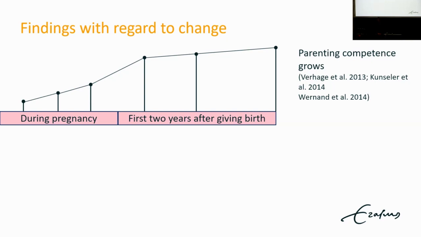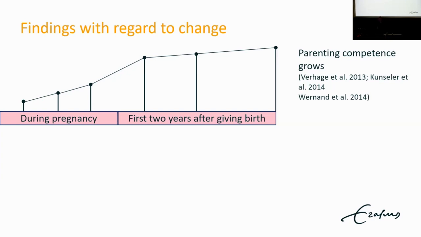So this was studied in this cohort, both during pregnancy, so the expectations of a parent's ability to parent, how do they think they will do, and after giving birth to their child, they were followed longitudinally. Here 3 measurements were taken into account. And what you see in these studies with regard to parenting self-efficacy, that there seems to be an increase across time. Well, we can question, well, is that a real change?